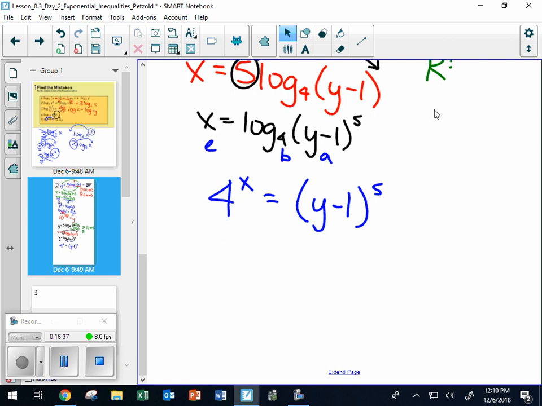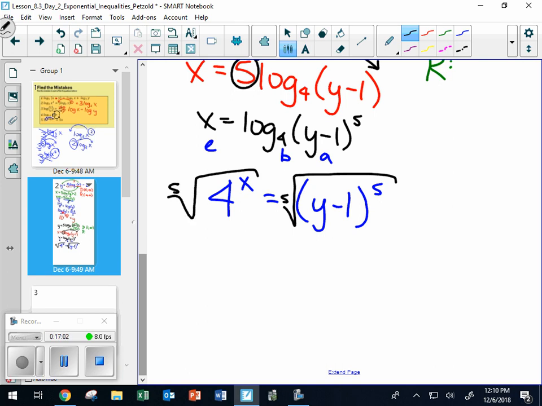Okay. If I wanted to continue solving it this way, if I wanted to get y alone, what would be my next step? What do you think, Caroline? Okay, so it's already to the 5th power, so we need to get it out.